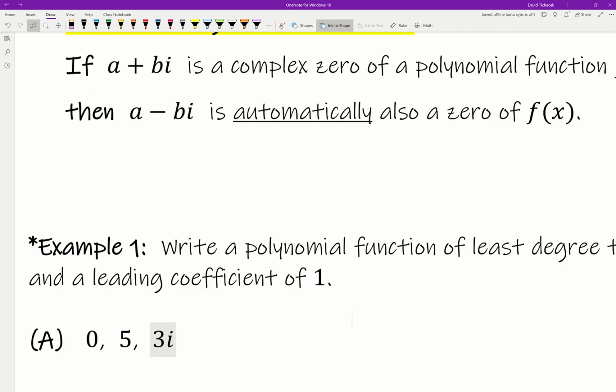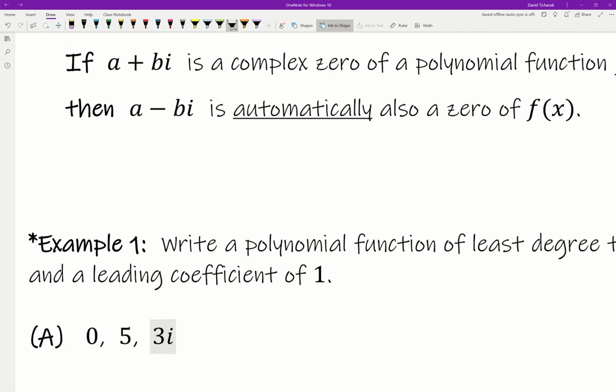Now that may not look like the a plus bi form we were talking about earlier, but if we rewrite it, it is exactly the form we want, because we can rewrite it as 0 plus 3i. Then we can more easily match it up and see that playing the role of a is 0, and playing the role of b is 3.